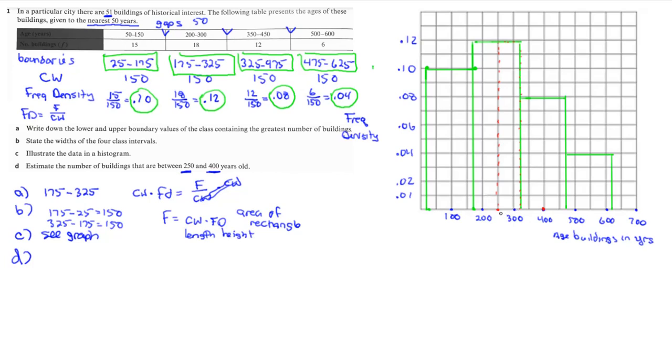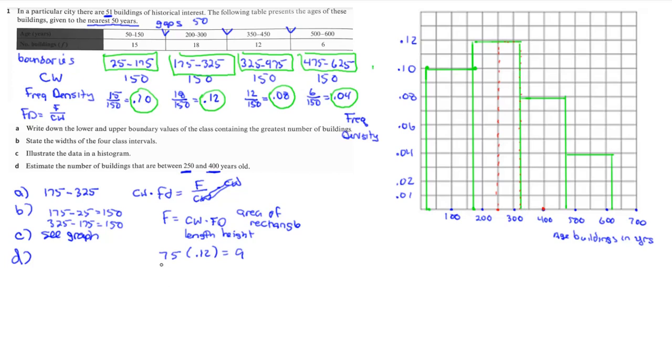So from here to here, that's 250 to 325, that's 75. 75 times 0.12, that's the frequency density, and that's going to give me 9. And then I look at the other rectangle, the next to it, that's going to go from 325 to 400, and 325 to 400 is also going to be 75.